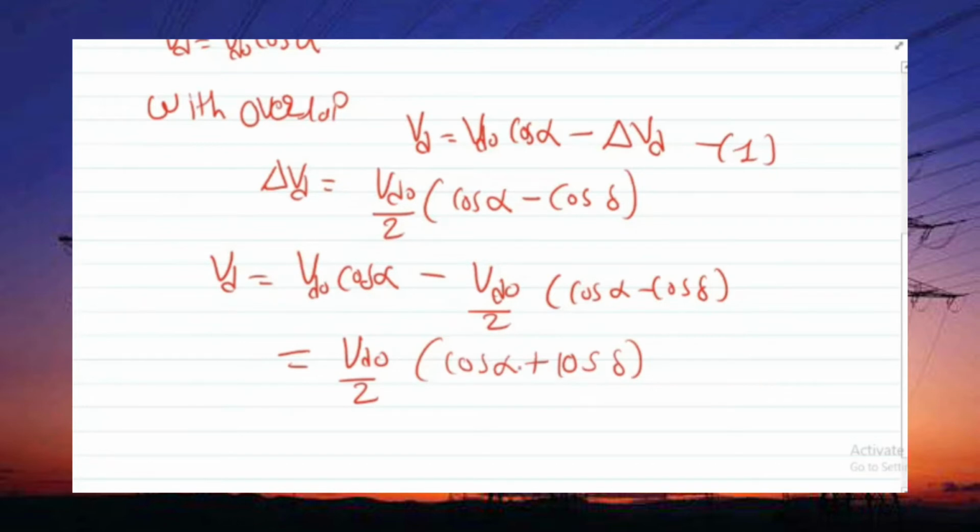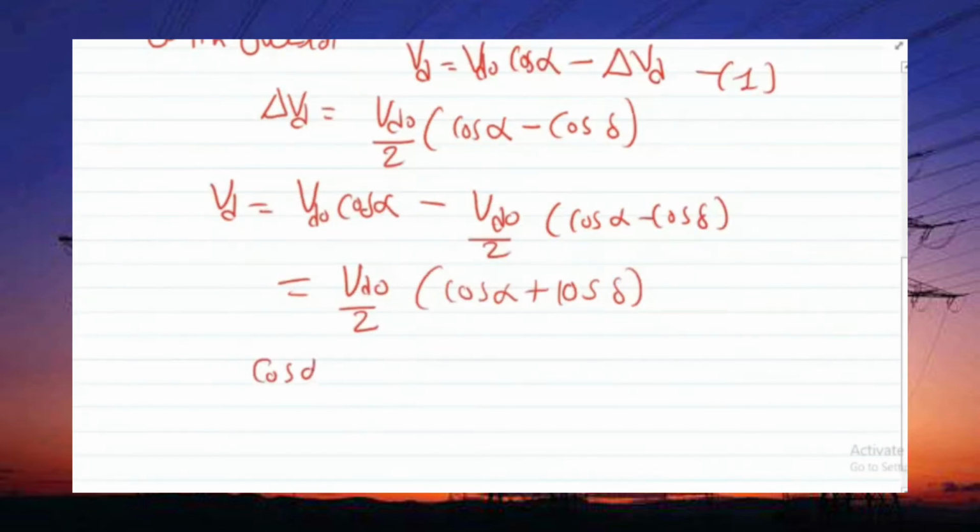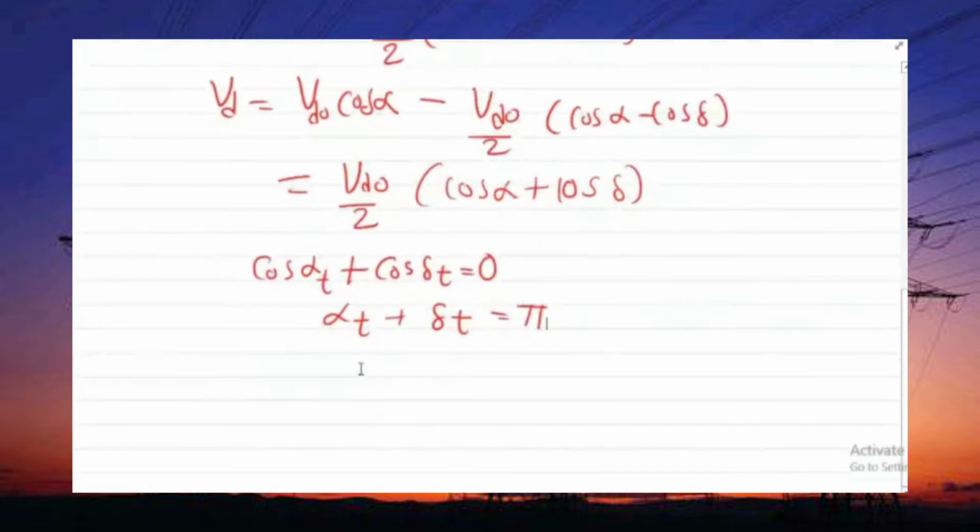The value of alpha t beyond which the inversion takes place is given by cos alpha t plus cos delta t equal to 0. So we can write alpha t plus delta t equals cos inverse 0, which is pi, and therefore alpha t is equal to pi minus delta t. What is delta t?